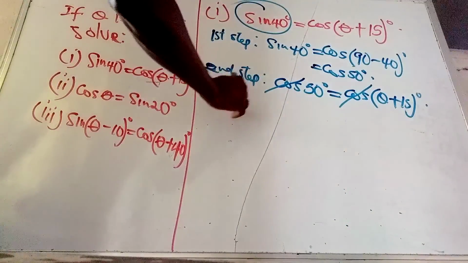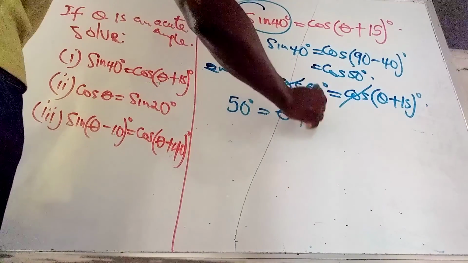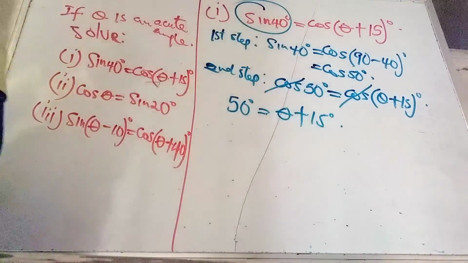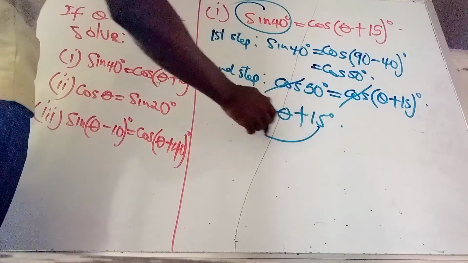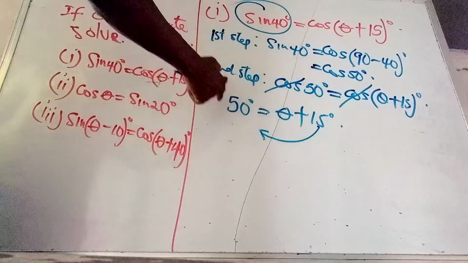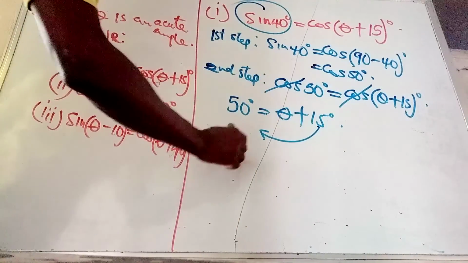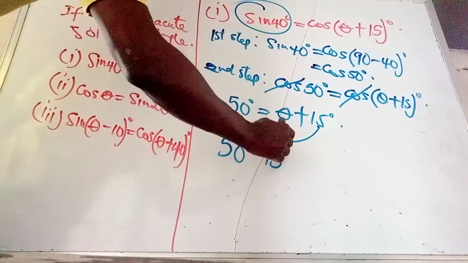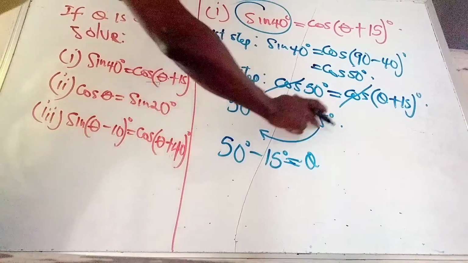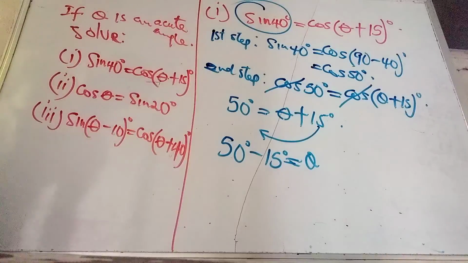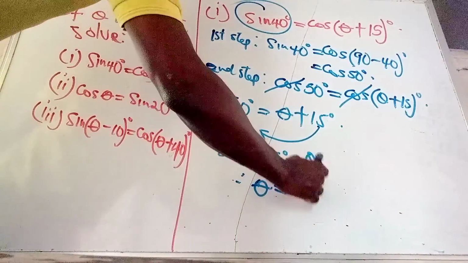So what we have left is 50 degrees equals theta plus 15 degrees. By collecting like terms, I will bring 15 to the other side in order to find theta. That means 50 degrees minus 15 degrees equals theta. Don't forget that plus 15 crossing here becomes minus 15. And that means theta equals 35 degrees.